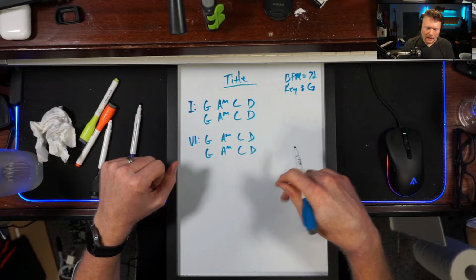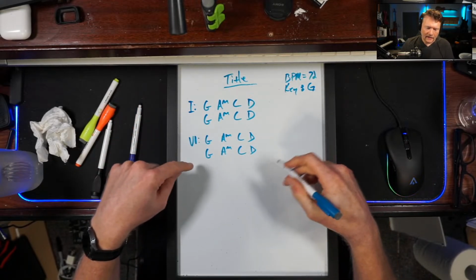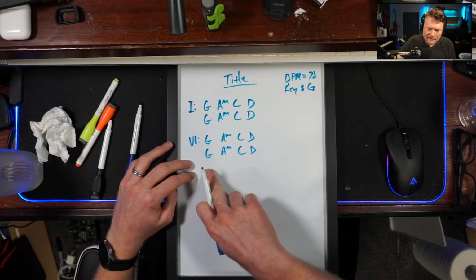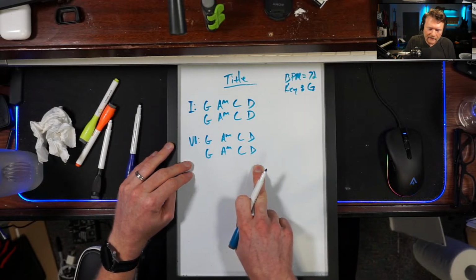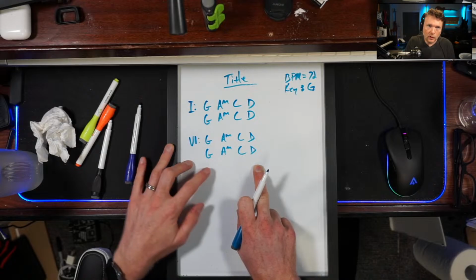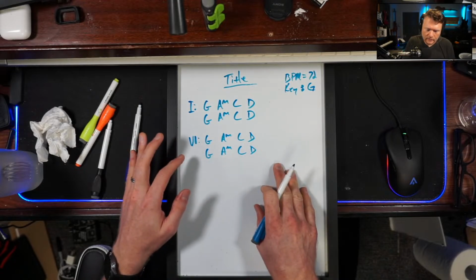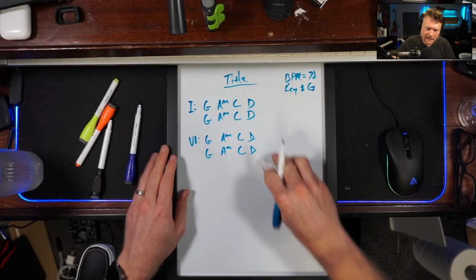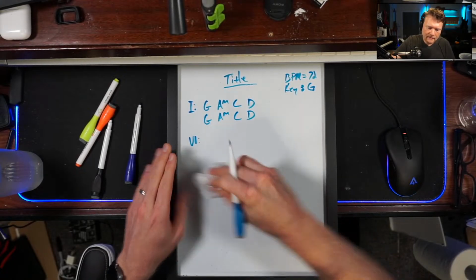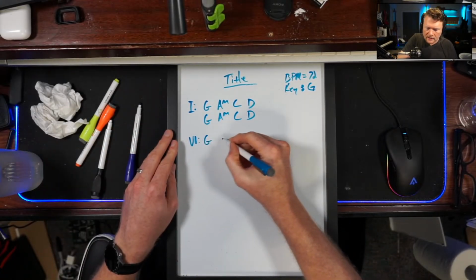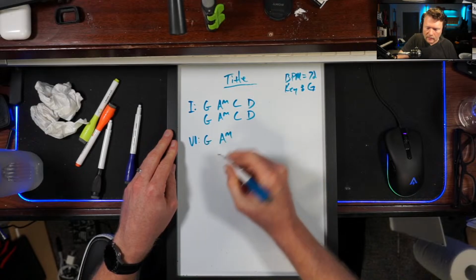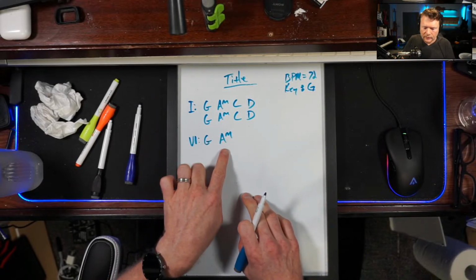Okay. So let's imagine here that our chord progression is not as simple as this, but we have maybe 2 chords per measure. Well, then I would write this out like so, maybe we have G and then A minor. It's 1, 2, 3, 4.